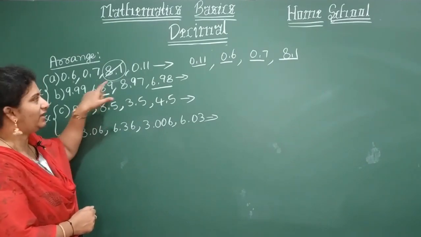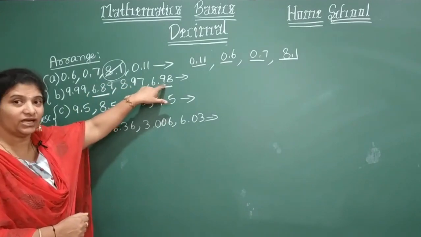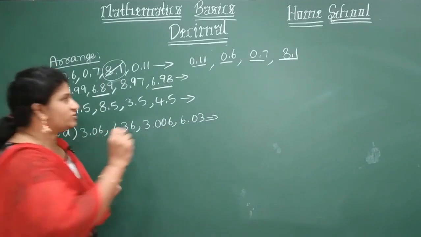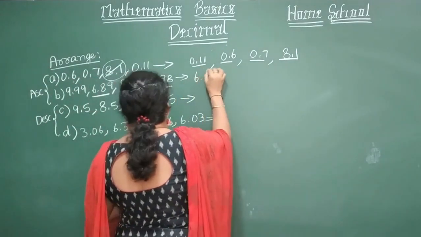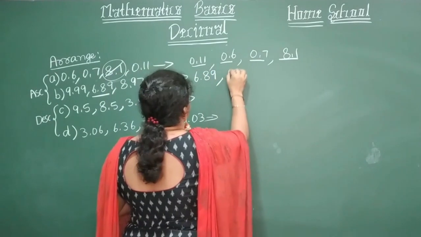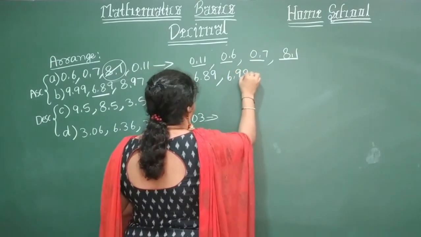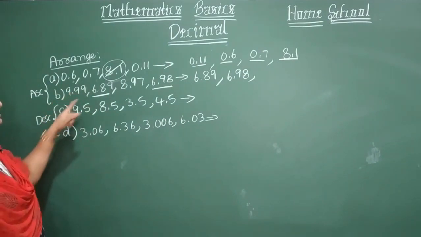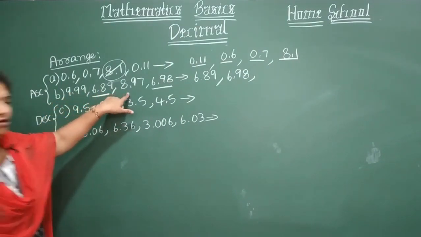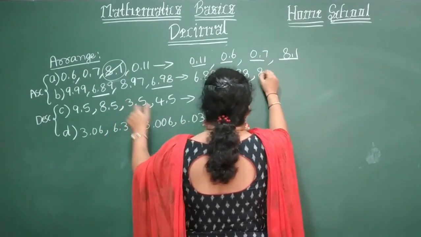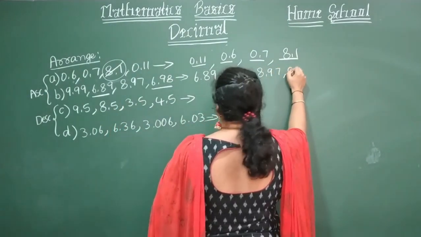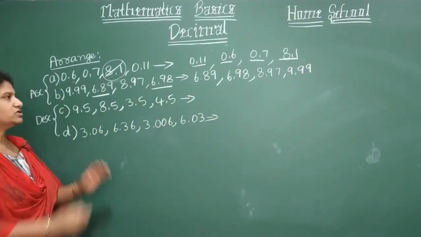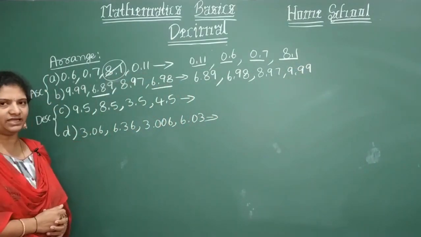Here you have 8 and here you have 9. Which is smaller? This is smaller. So 6.89. Next smaller 6.98. Next see the whole number which is greater than 6. 8 or 9? 8, no? So 8.97 and 9.99. Okay? So this is the way we arrange in ascending order.